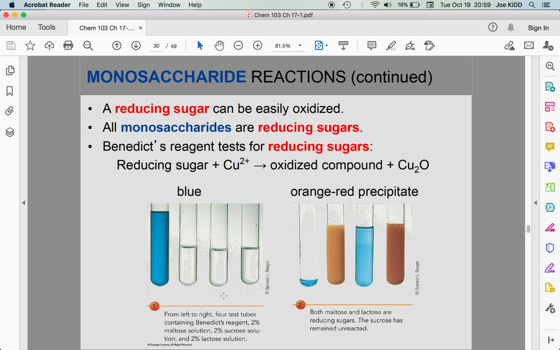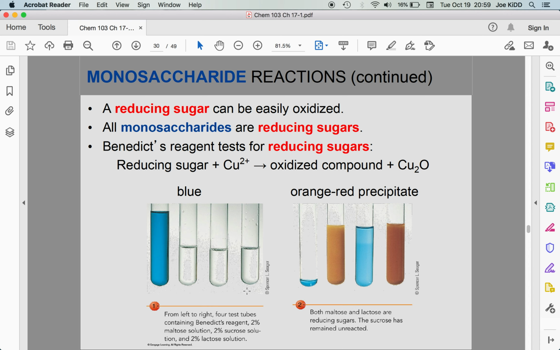So some monosaccharides are easily oxidized, which would make them reducing sugars. Remember that in redox reactions, wherever we have oxidation, a reduction has also occurred. So if something is easily oxidized, it is the thing that is doing the reducing. All monosaccharides are going to be reducing sugars.